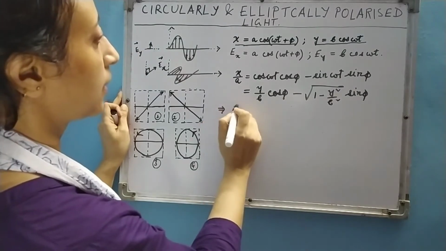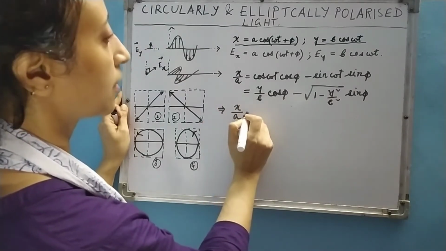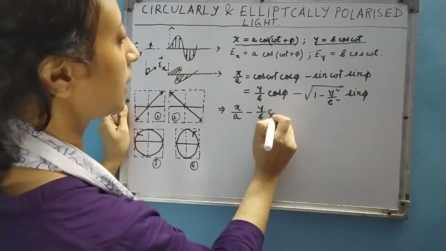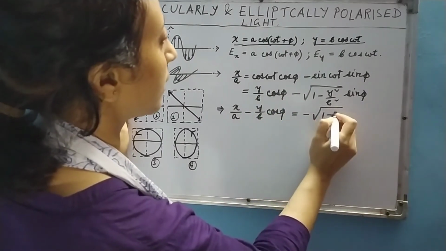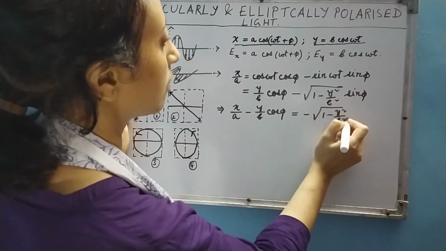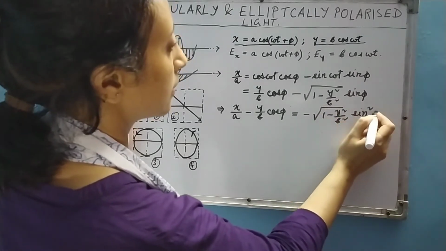Then x by a minus y by b cos phi will be equal to minus the square root of 1 minus y square by b square, times sin phi.